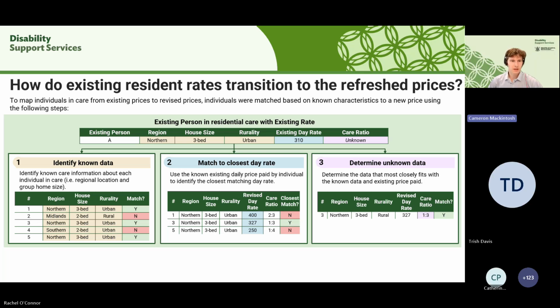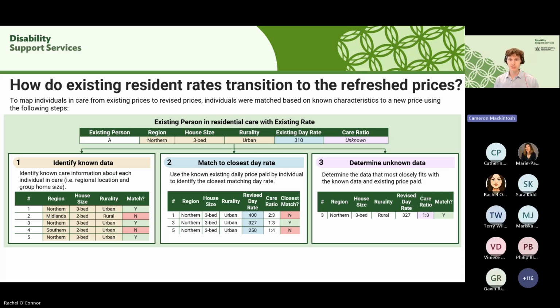Kia ora all. So now we're going to go through how our existing residents would transition to the new prices. So just a note here, this is for our existing providers. If you're a new provider, you can relax for the next couple of slides. So the process for this was, we looked at known data for each of the residents.